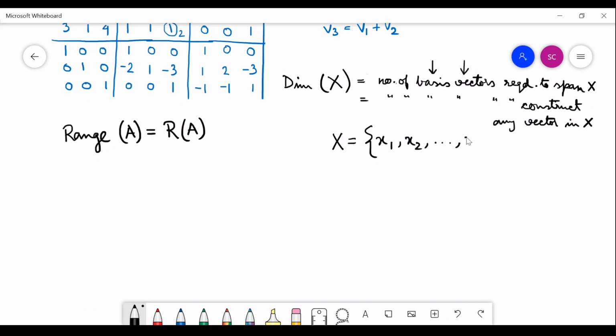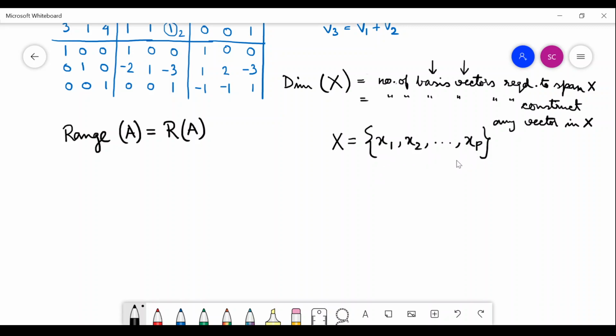Suppose there are p basis vectors we find out. So this is a p-dimensional space. Then we write X equals, within the second bracket, x1 to xp, all the basis vectors that we have found out. So this is a set of the basis vectors.